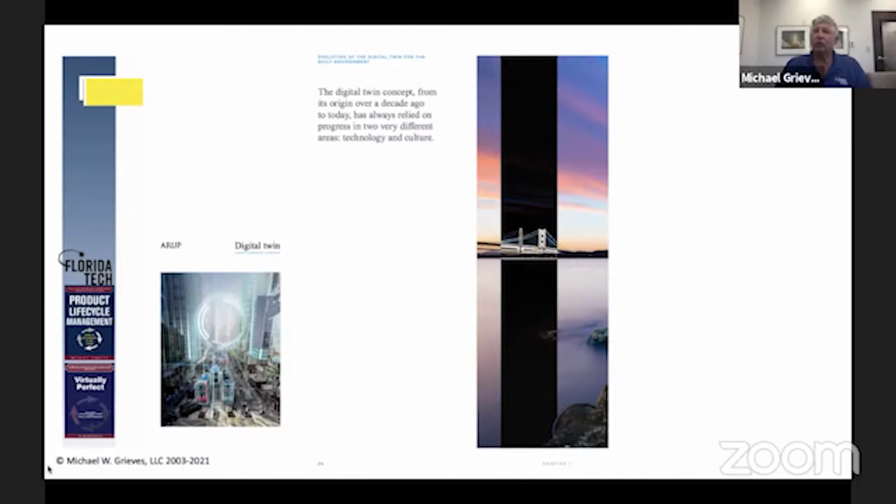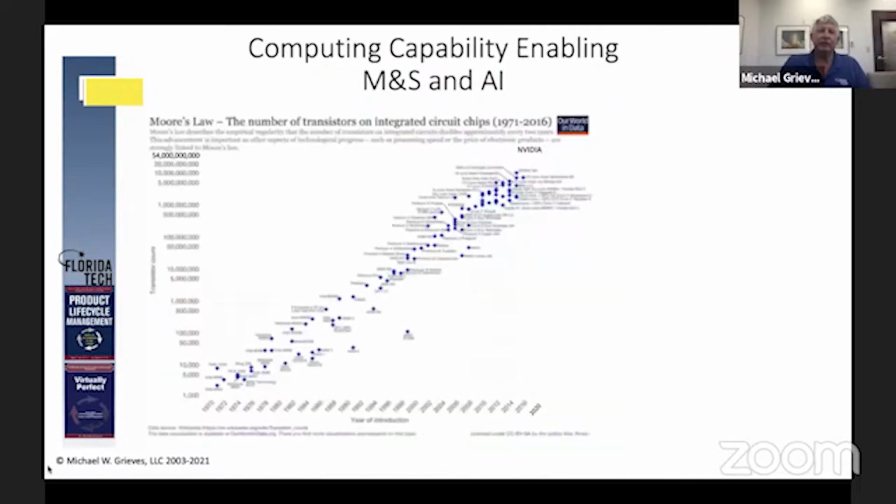And so while we focus a lot on the technology, one of my big concerns and focuses is culture. How do we train people to think about it? Because you're going to think differently about these sorts of things.